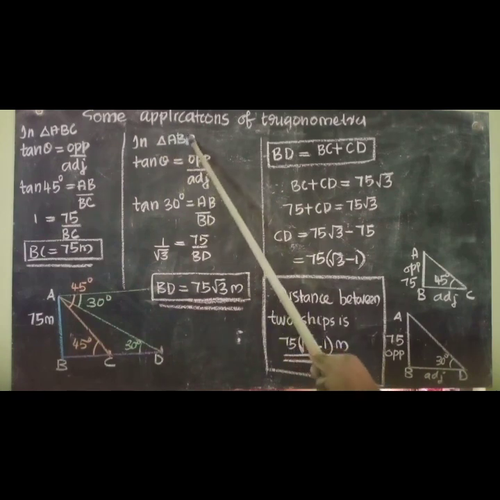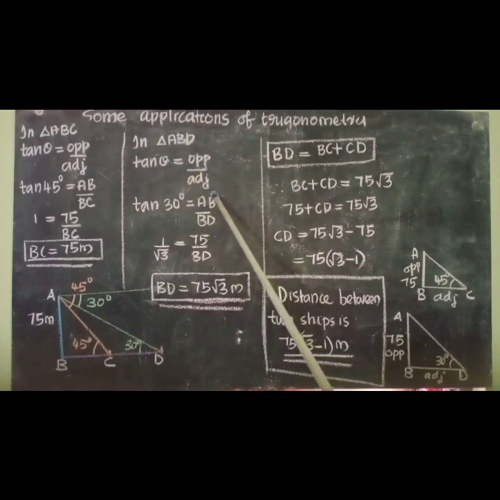In triangle ABD, tan theta equal to opposite side by adjacent side. Here in the second triangle, acute angle is 30 degree, opposite side is AB with measurement 75. Adjacent side is BD. So tan 30 degree equal to AB by BD. Tan 30 degree is 1 by root 3.